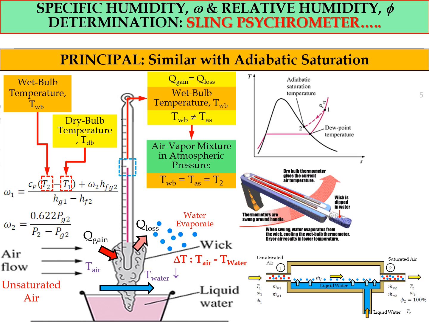So by using the sling psychrometer, we can determine the wet bulb temperature and the dry bulb temperature, and then we can determine the specific humidity. From the sling psychrometer we can determine two types of temperature, wet bulb temperature and dry bulb temperature.